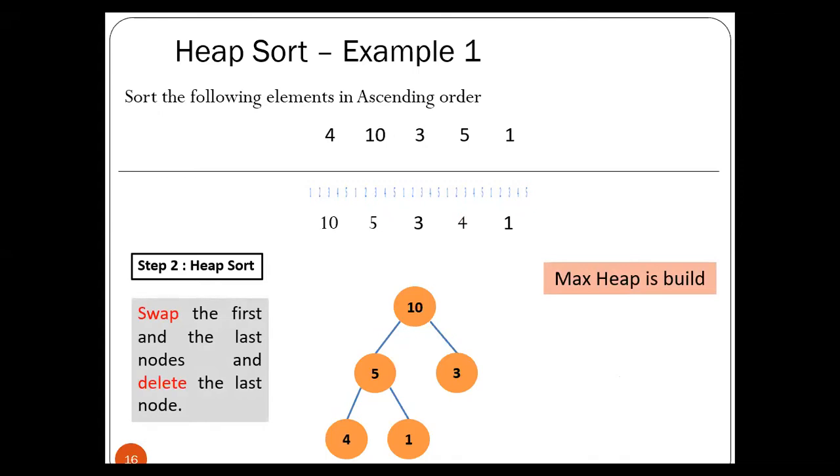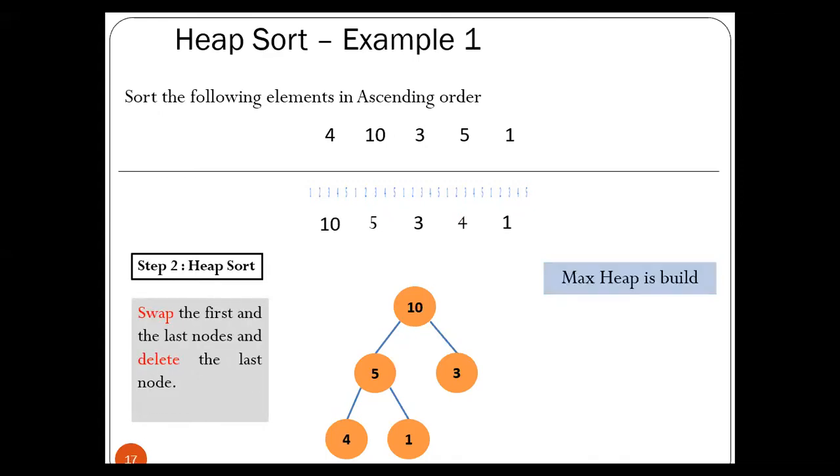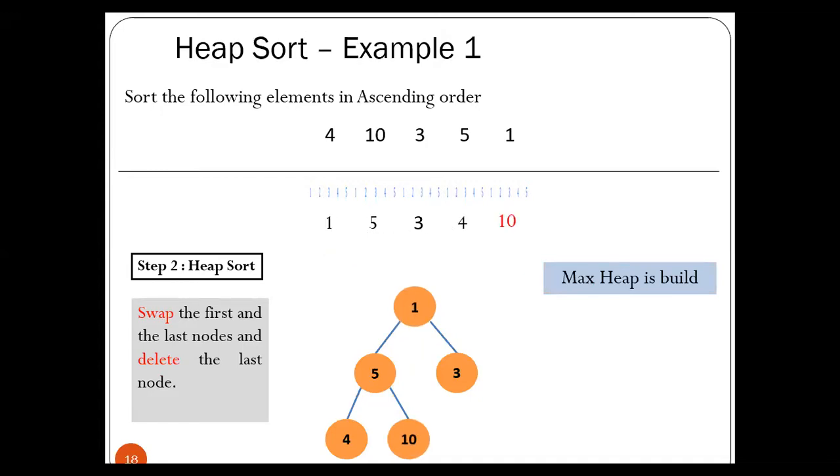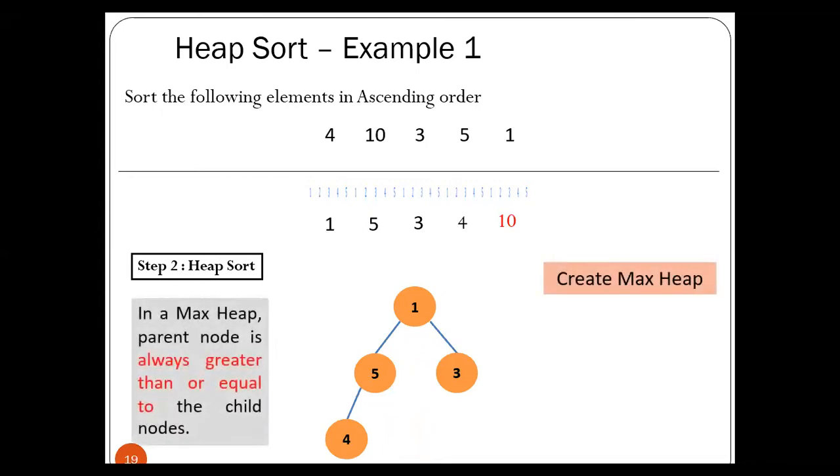Now how to perform the deletion? Take 10 out and swap the last node with the root node. So the 10 node will be removed. 1, 5, 3, 4 are left. Now you see it is not satisfying the heapification property. Between 5 and 3, which is greater? 5 is greater, so swap 5 and 1.